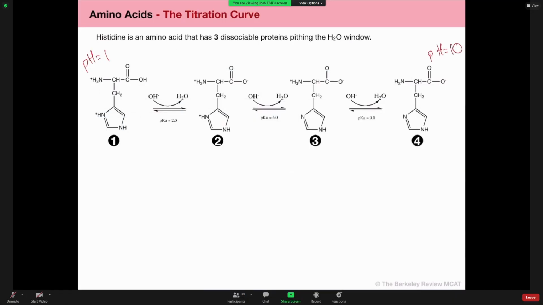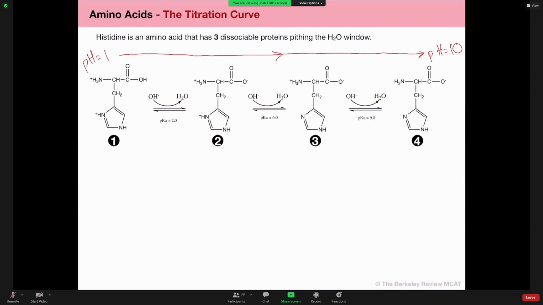So if we incrementally add base to the originally fully protonated histidine in solution, as we go this way, we're going to remove the carboxyl, the imidazole, which is this one, and the amino protons respectively.